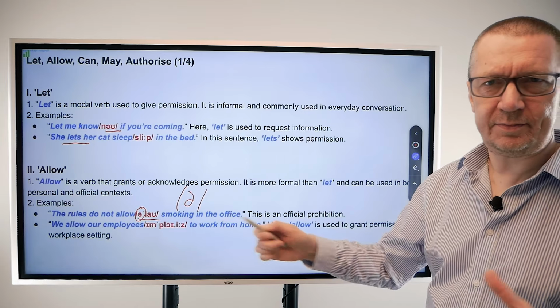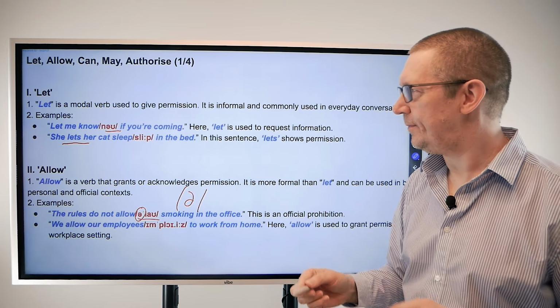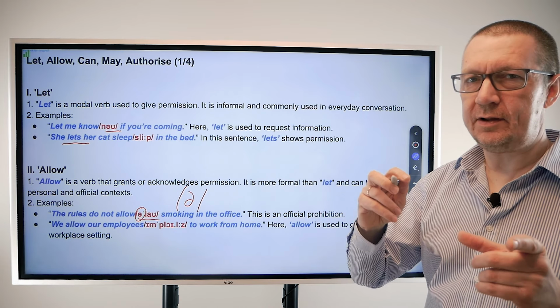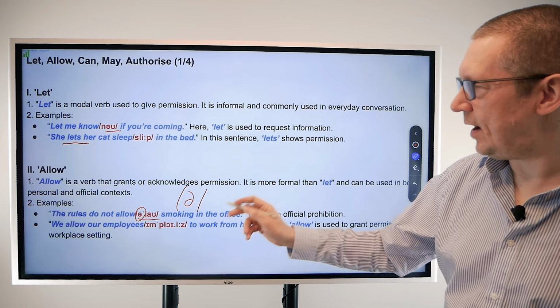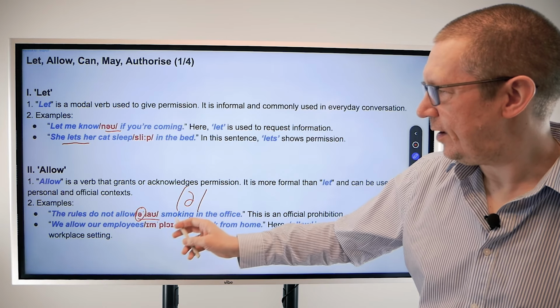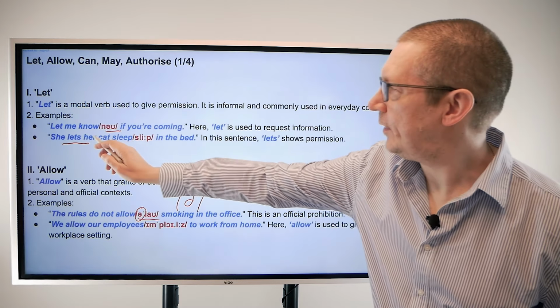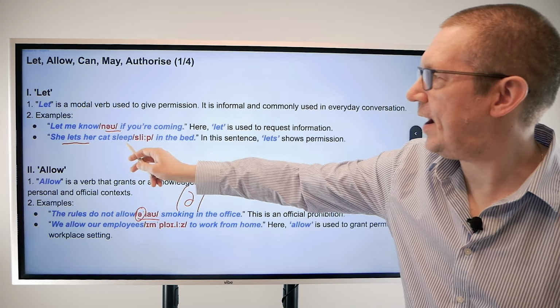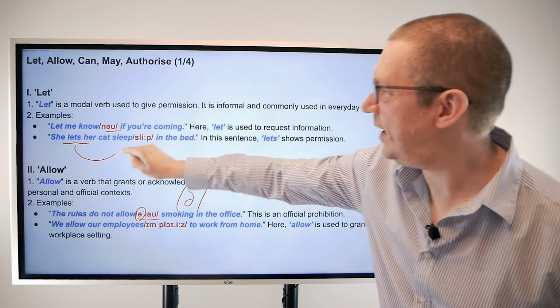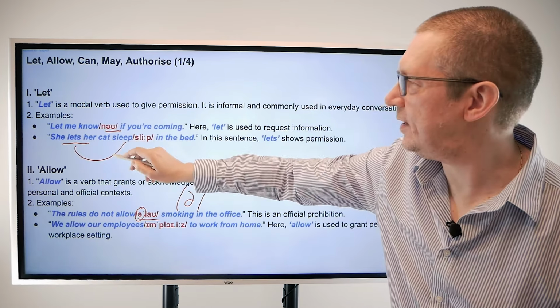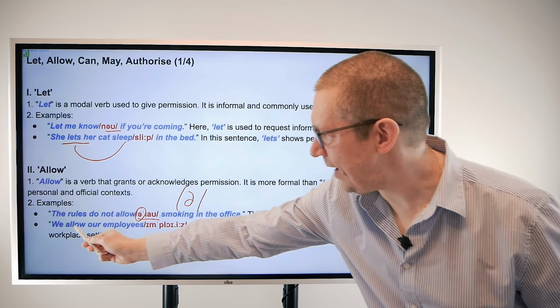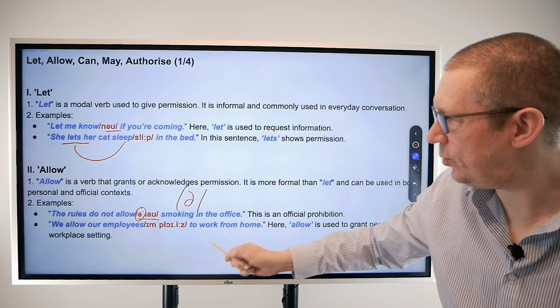What is the difference between allow and let? Well, apart from the formality of it, it's actually to do with the next verb. For example, she lets her cat sleep. If we're going to use the word allow, we say, for example, we allow our employees to work.